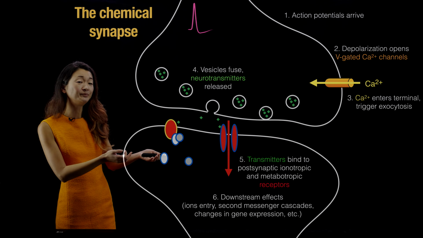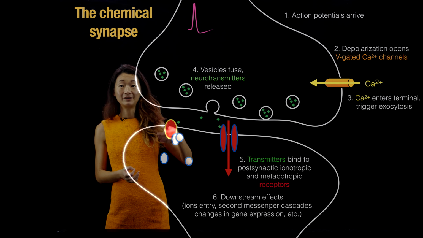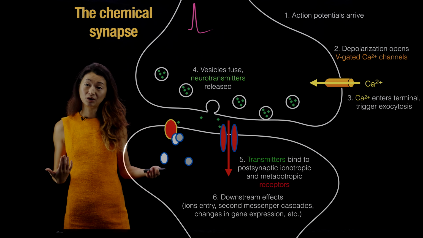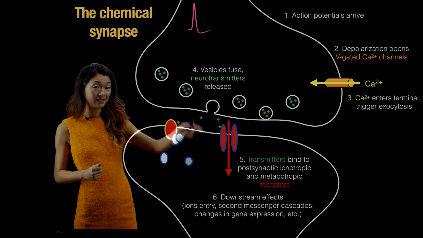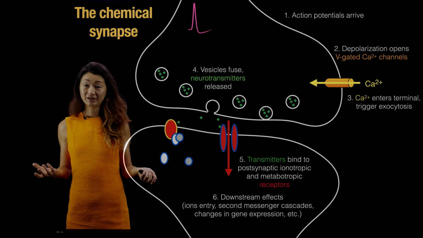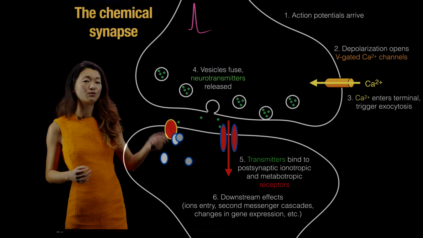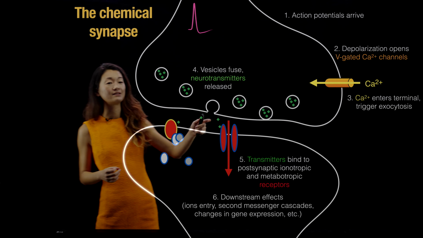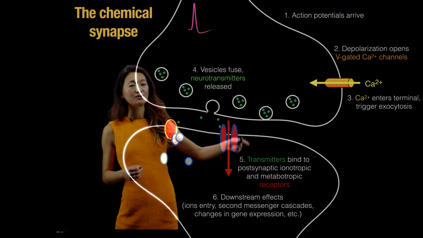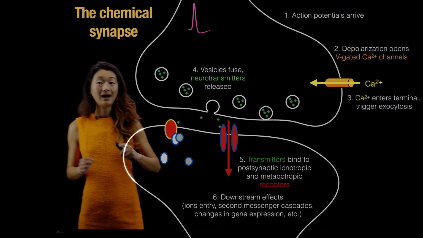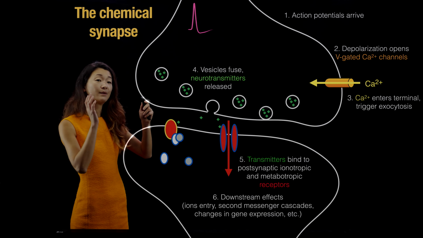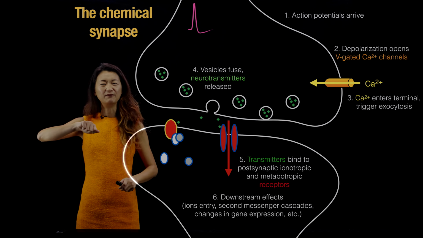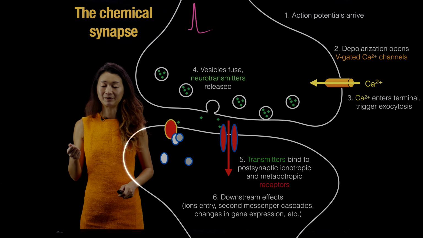So, for example, like we talked about in the passive properties of the neuron, the conductance of ions going in and out of the cell is proportional to the number of channels that are open. Okay, and so one of the changes that can occur is that these ligand-gated receptors that are also ion channels, if you added more of them, then the whole thing becomes more receptive. It's like tuning up the volume on what you were listening to from the presynaptic side.